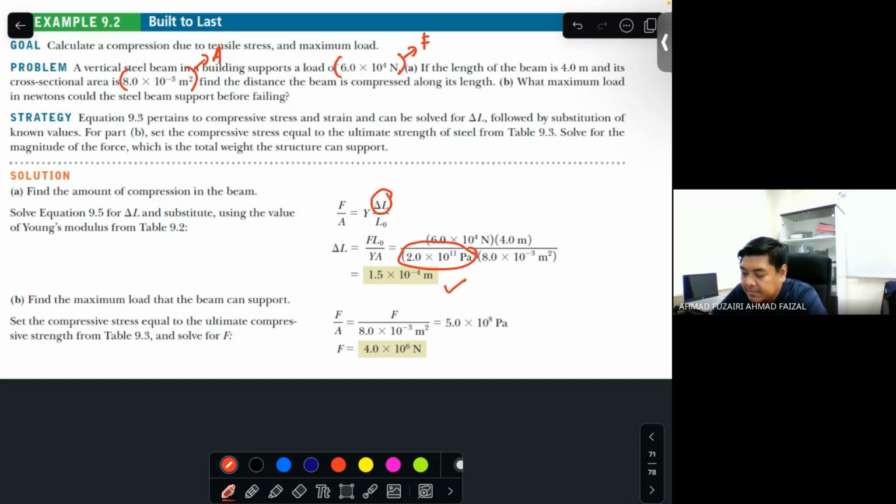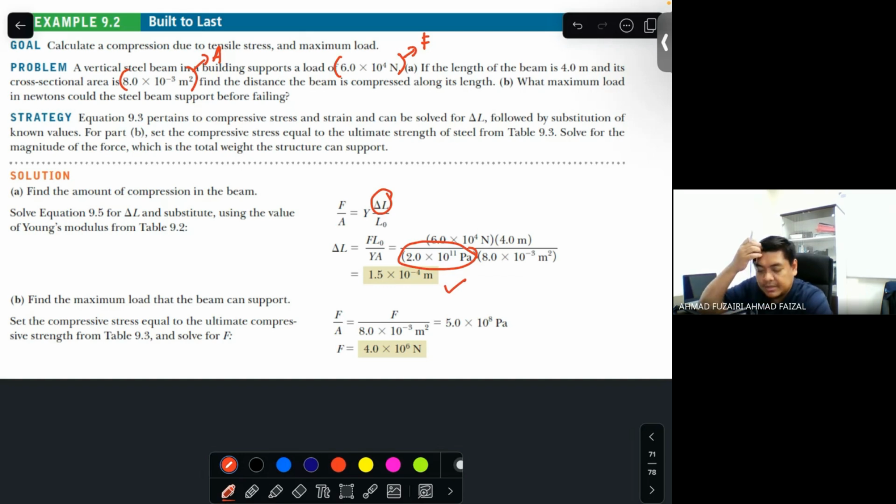And then, what maximum load in newtons could the steel beam support before failing? We need to calculate F over A, which is F over 8 times 10 to the power of negative 3, equivalent to 5 times 10 to the power of 8 Pascal.